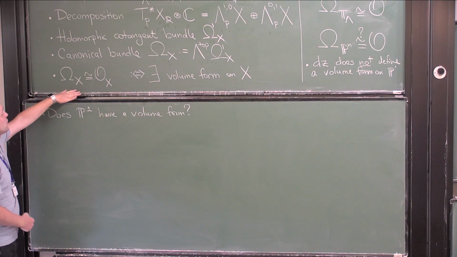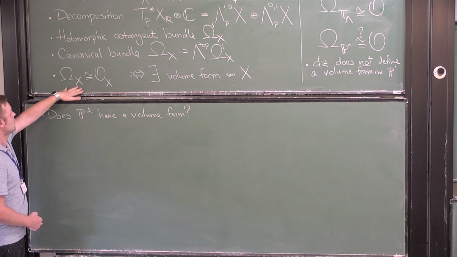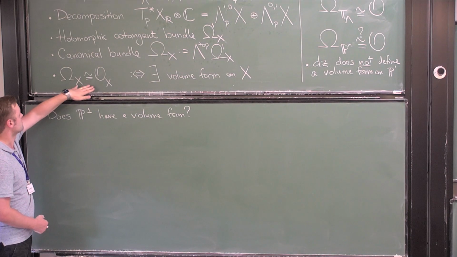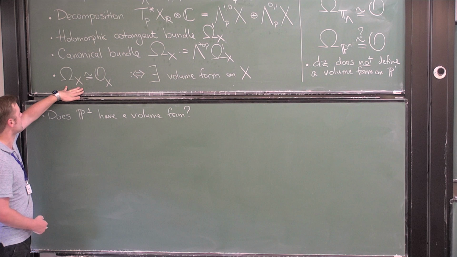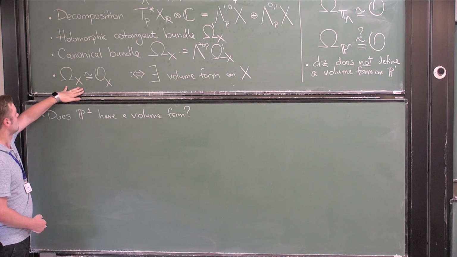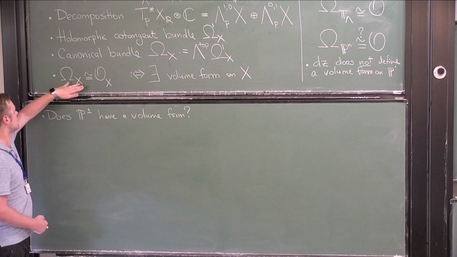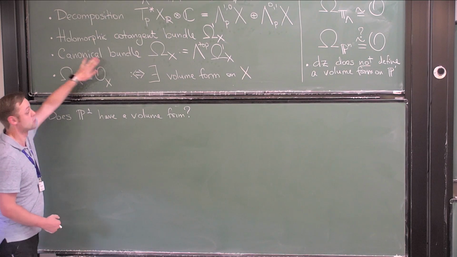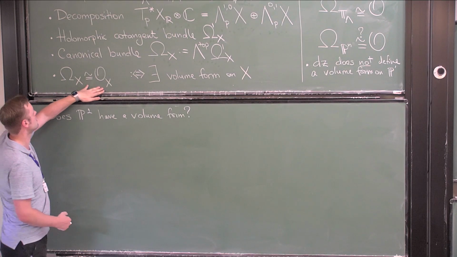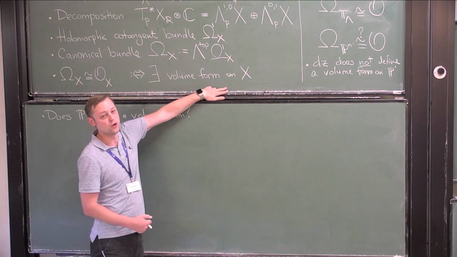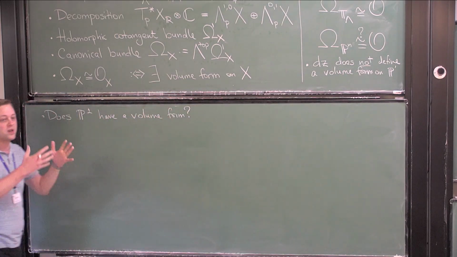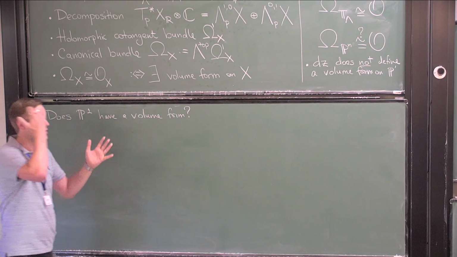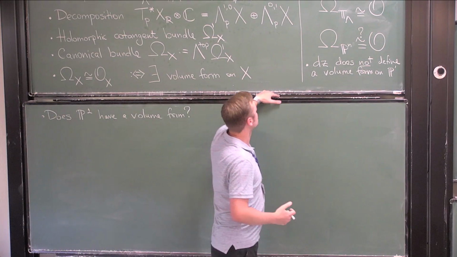And we saw this relationship. I gave it as a definition that a canonical bundle is trivial, this was the notation for trivial canonical bundle, if and only if there is a volume form on X, which was this top form which is nowhere vanishing and holomorphic. And then we took up a bunch of examples.